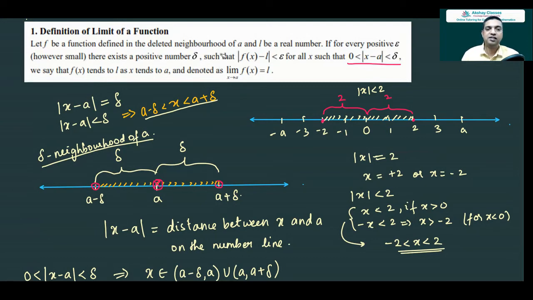okay, now let us understand this definition, such that as long as function value lies in the neighborhood of L, epsilon neighborhood of L, okay, such that x lies in the deleted neighborhood of A. So what this definition says is, as long as x lies in the deleted neighborhood of A, function value lies in the neighborhood of L. Okay, what does this mean?